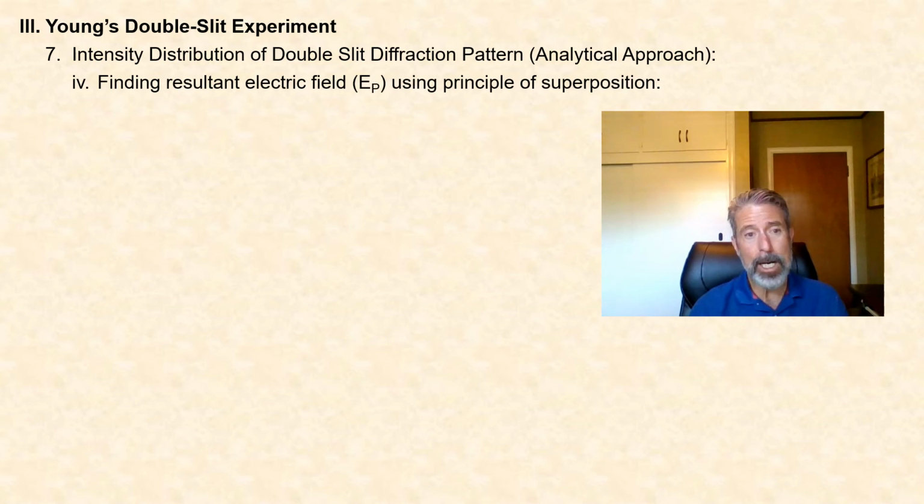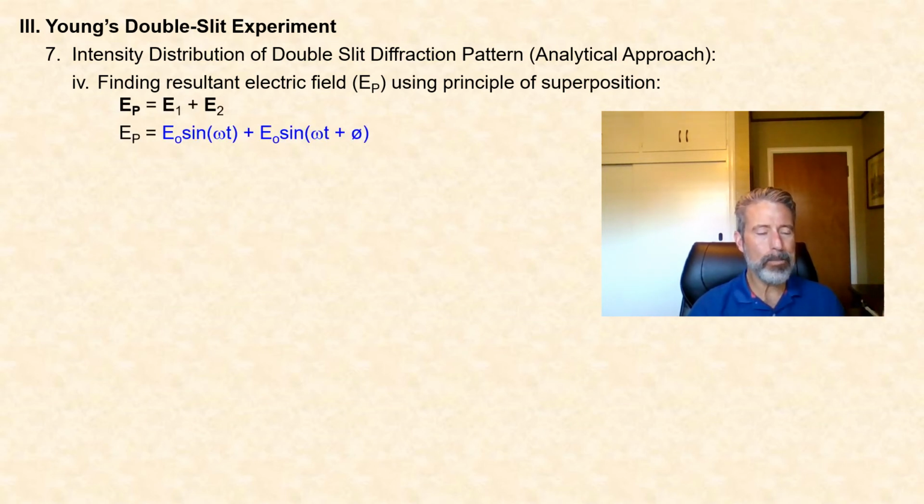So basically, we just have to add up the electric fields of the two waves that are emitted from each of these two slits. This is nothing new. We're adding up these two waves representing the electric field for the light emitted from each of these two slits.